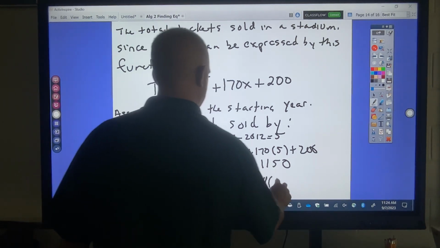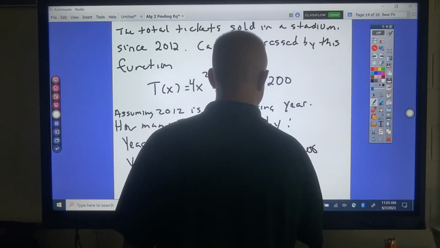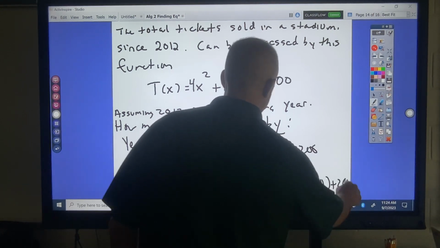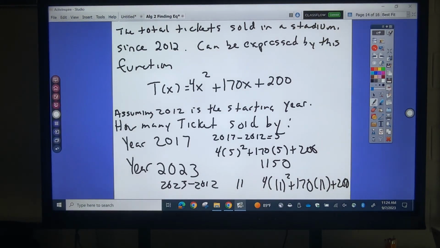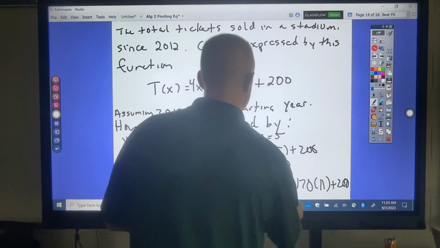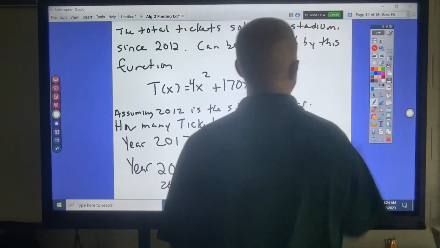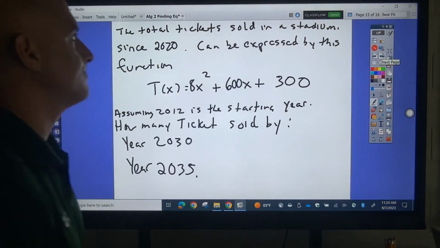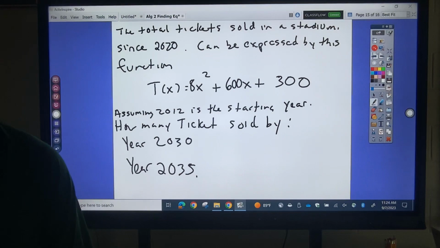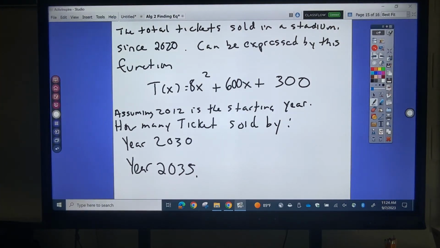So then that's what I want to put into the function. Okay, so 4 times 11 squared plus 170 times 11 plus 200, that gives me 2,554. Okay, all right, and very similar question for you to practice on your own. Okay, and that is it for that lesson.